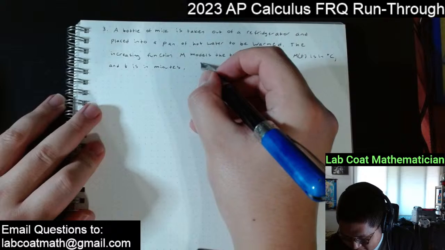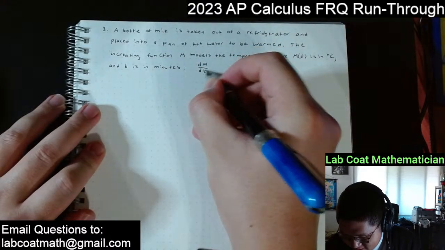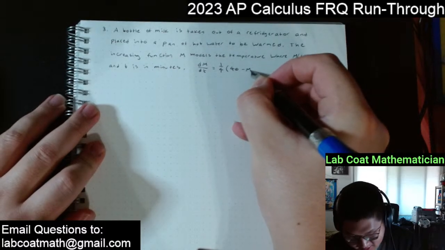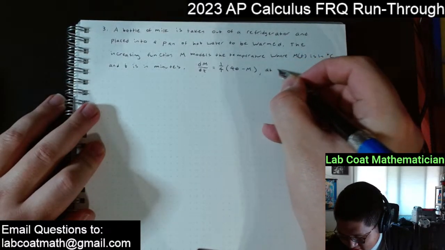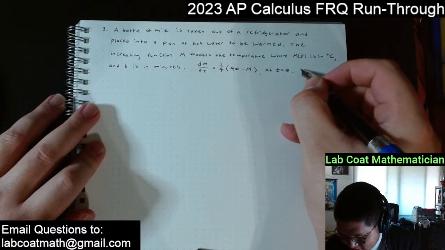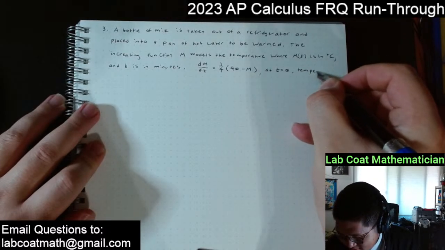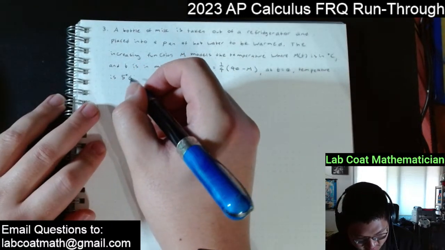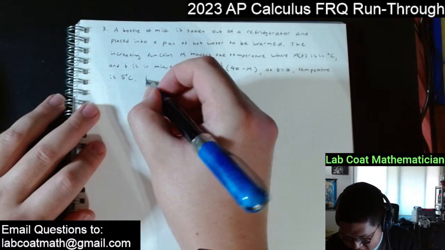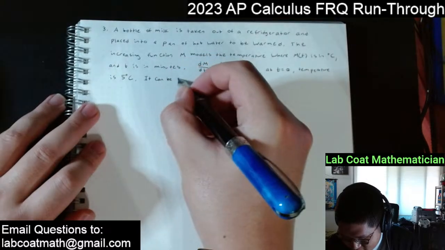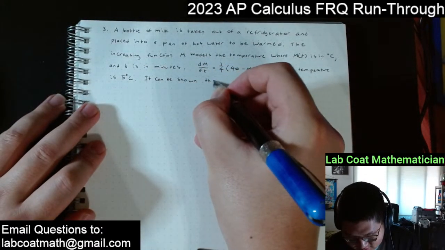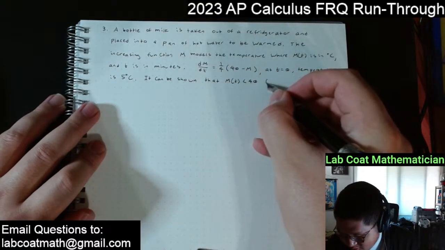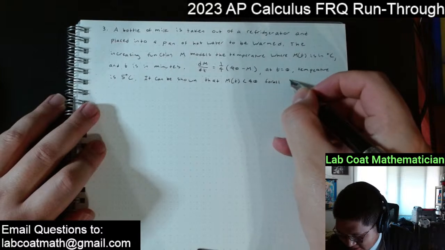Okay, so we have the differential equation dM over dt is equal to 1 over 4, all multiplied by 40 minus M. And they also tell us that at time t equals 0, the temperature is 5 degrees Celsius, and it can be shown that M of t is less than 40 for all values of t.